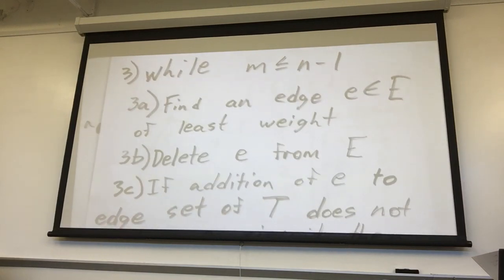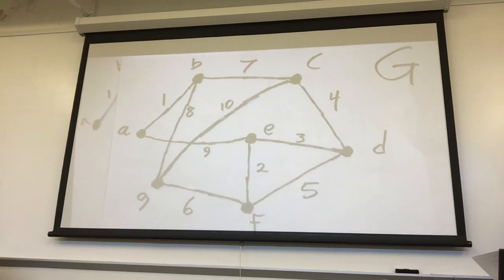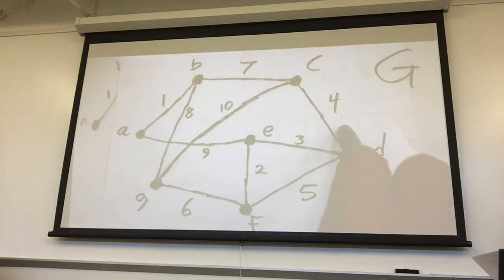And then the next one would be, find an edge E of least weight that is corresponding with the set. Sorry, it's the next problem that does that. What is the next corresponding weight? It is actually going to be 4.